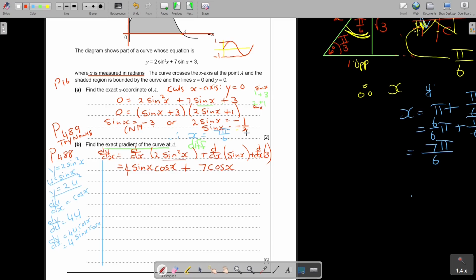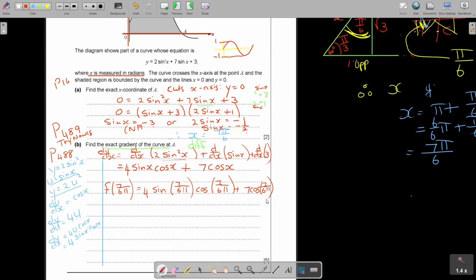Now I'm just going to substitute, like I'm substituting f of 7 over 6 pi, and don't forget that it's in radians. So I'm just going to say 4 sin 7 over 6 pi cos 7 over 6 pi plus 7 cos 7 over 6 pi.